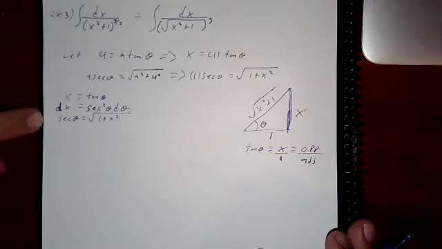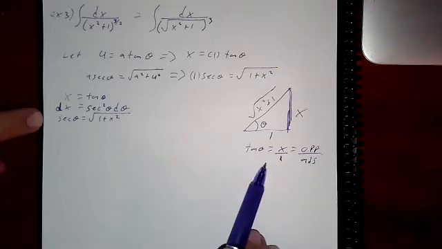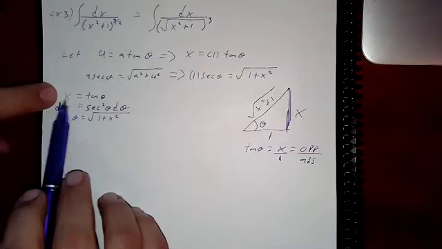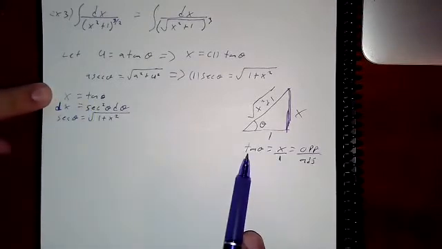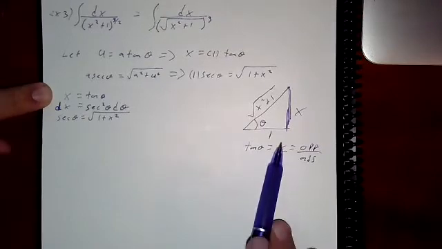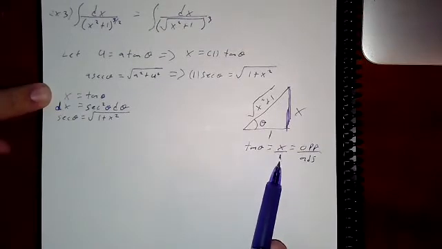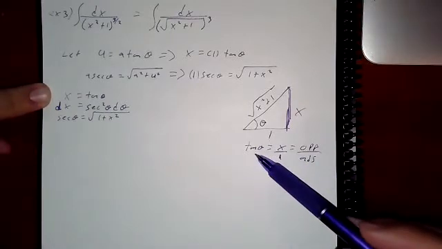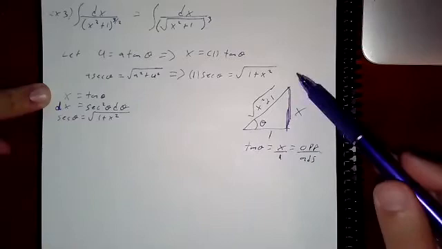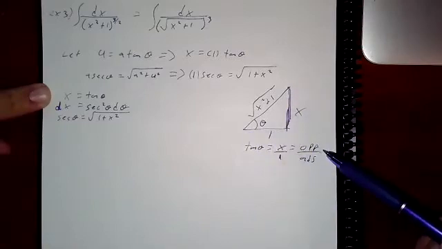X over 1 equal what? So you understand x is equal to tangent, right? Since tangent is equal to x, we can always put it over 1. There's always a 1 down there. Now I go back to the definition. What is the definition of tangent when it comes to right triangles? Yeah, opposite over adjacent.